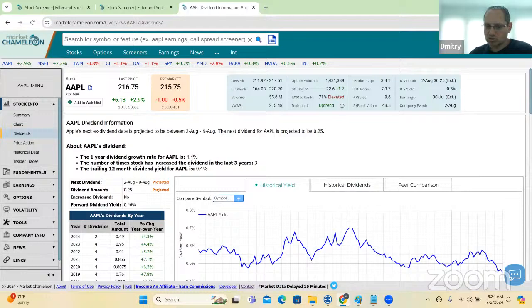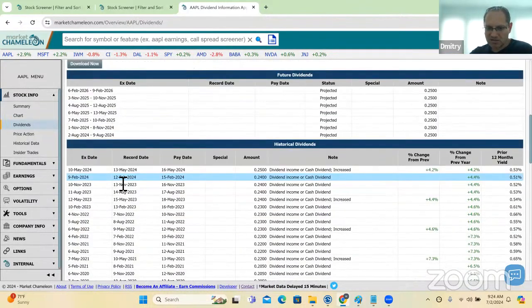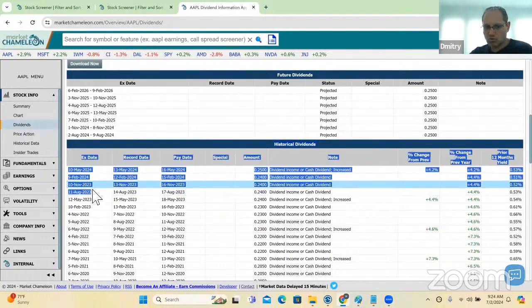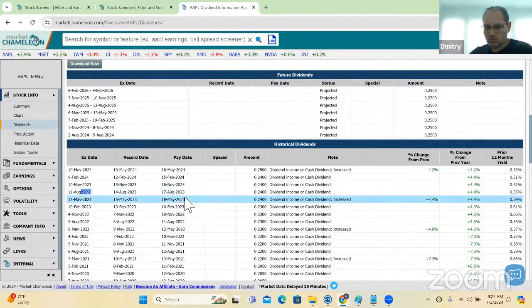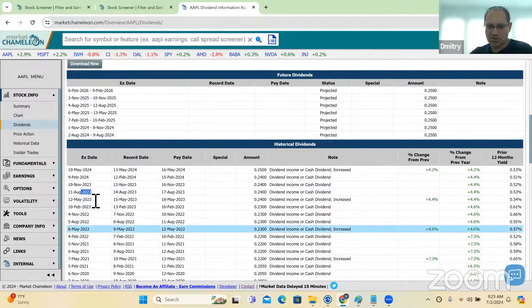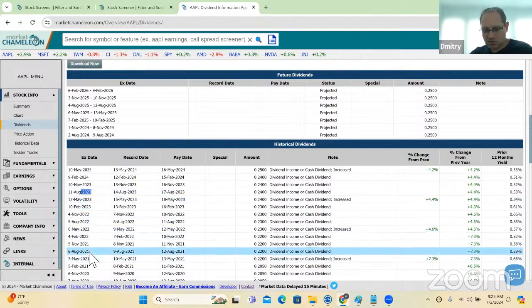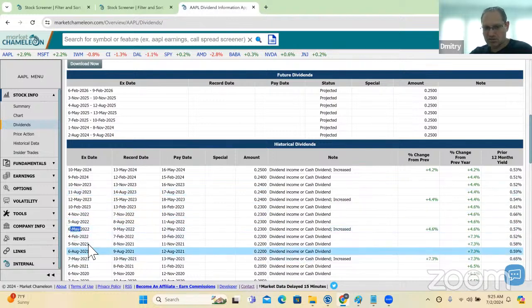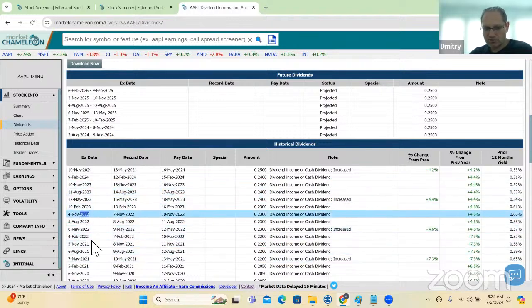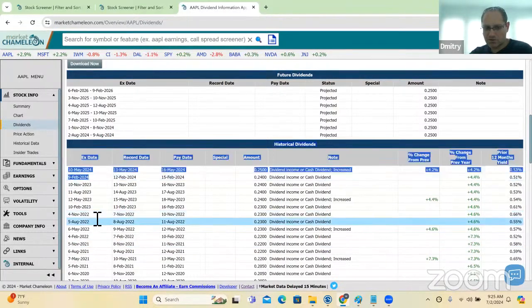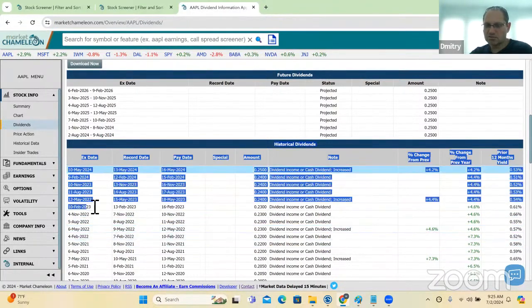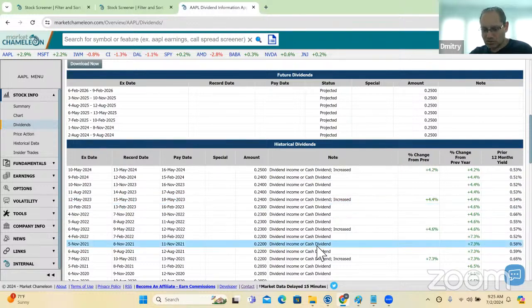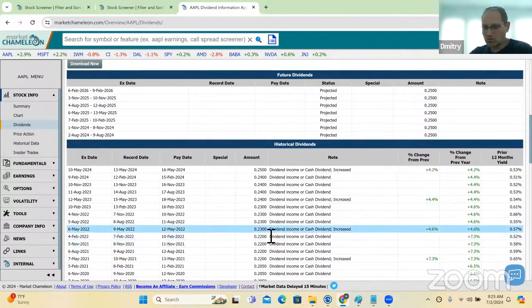When we look at the historical data, we could start looking at around when the dividends were paid in the past. So you could see the beginning of August, although it's not exactly the same date, then November, February, May, and so forth. During the year, was it variable or regular, fixed? During the year, it's fixed.